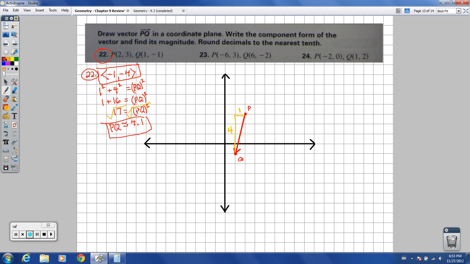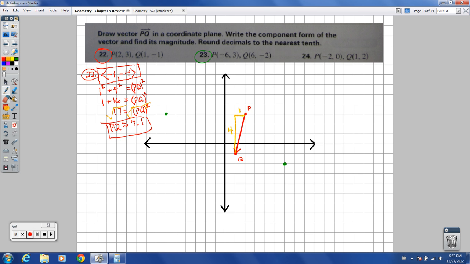Let's do 23. Let's use green for that one, still using the same graph. Negative 6, 3: that's 1, 2, 3, 4, 5, 6, and then up 3. And 6, negative 2: you're going this direction 6, and you're going down 2 right there.